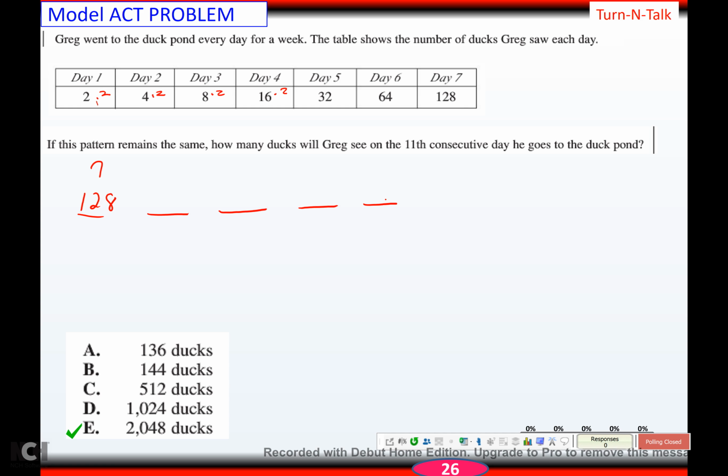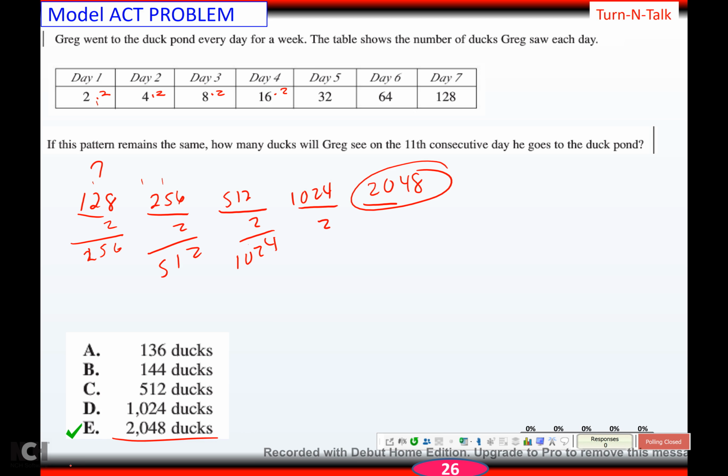All right, so I got 128 times 2 would be 256. Times 2 would be 512. Times 2 would be 1024. Times 2 would be 2048.